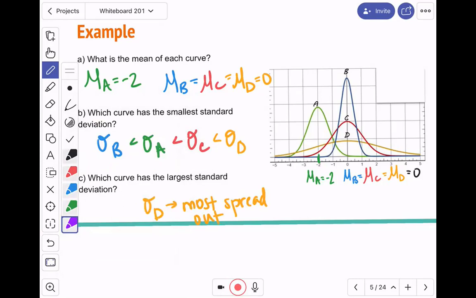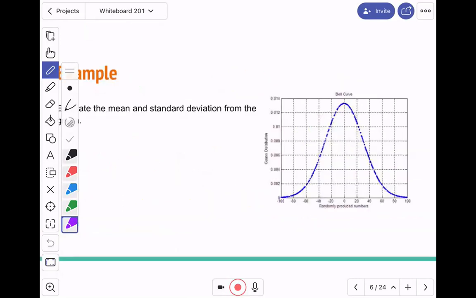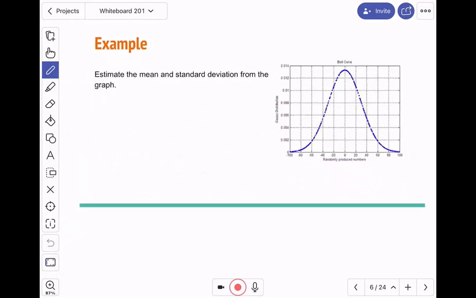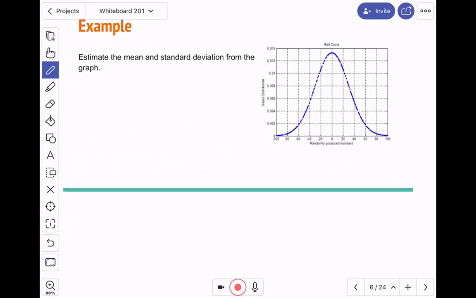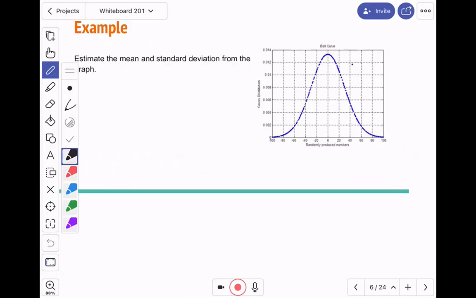So right there, all we've done so far is identify different curves by their mean and their standard deviations. Here's another example. I want you to estimate the mean and standard deviation from the graph. The mean is always going to be an easy value to find because the mean sits where? In the middle.